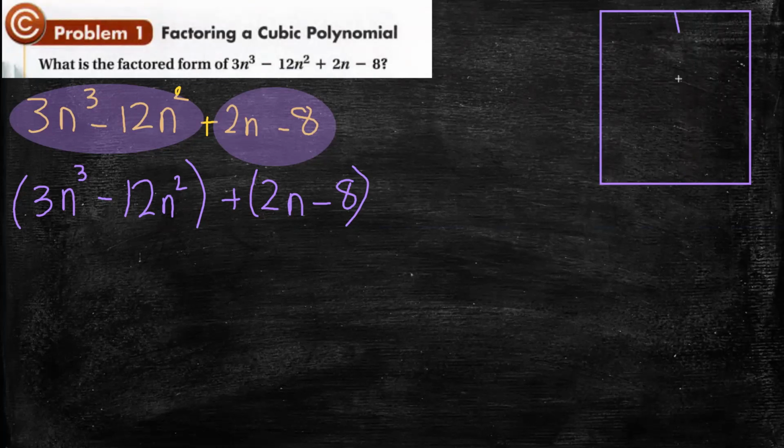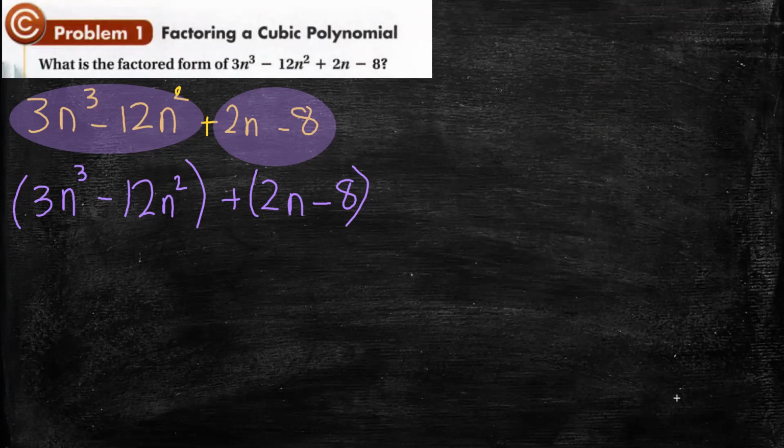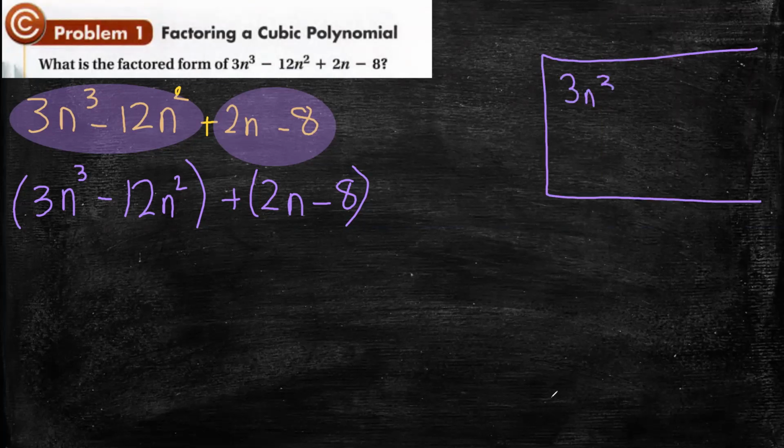We have 3n cubed and 12n squared. Sorry, I will make them bigger. So here we have 3n cubed and 12n squared.